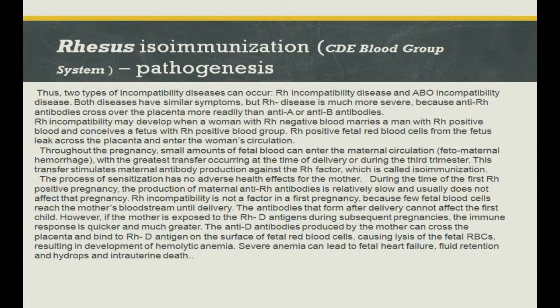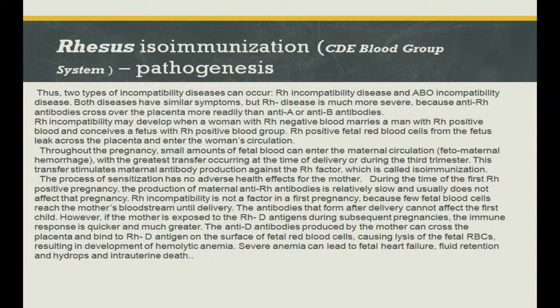The antibodies that form after delivery do not affect the child, who is already expelled. However, she is already sensitized, and during the next pregnancy the situation will become more progressive.